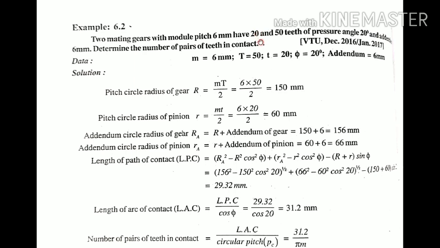Therefore we need to take small t as 20 and capital T on the gear as 50. They have not mentioned which is pinion and which is gear, but you have to take it concept-wise. Always the pinion size will be smaller, therefore the minimum number of teeth will be in the pinion, that is small t is equal to 20 and capital T is equal to 50, pressure angle is 20 degrees, and addendum is 6 mm.